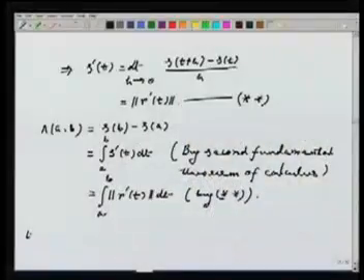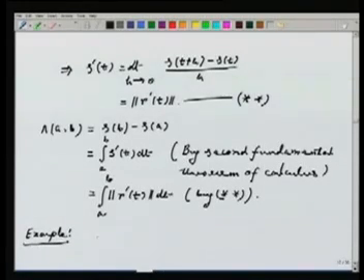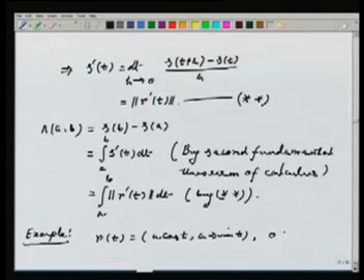So as an example, let me start with the upper half portion of the circle. So let us say r(t) equals (a cos t, a sin t), where 0 less or equal to t less or equal to pi and a is something strictly bigger than 0.